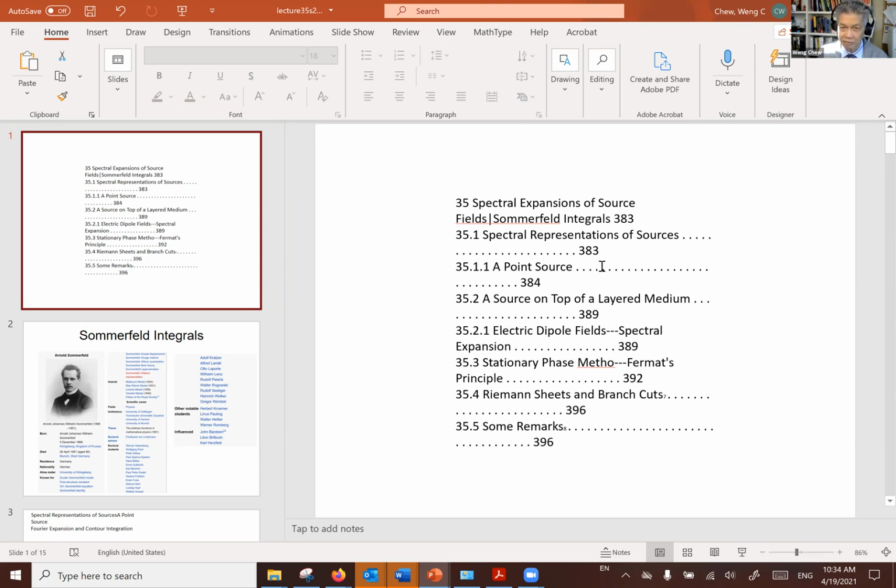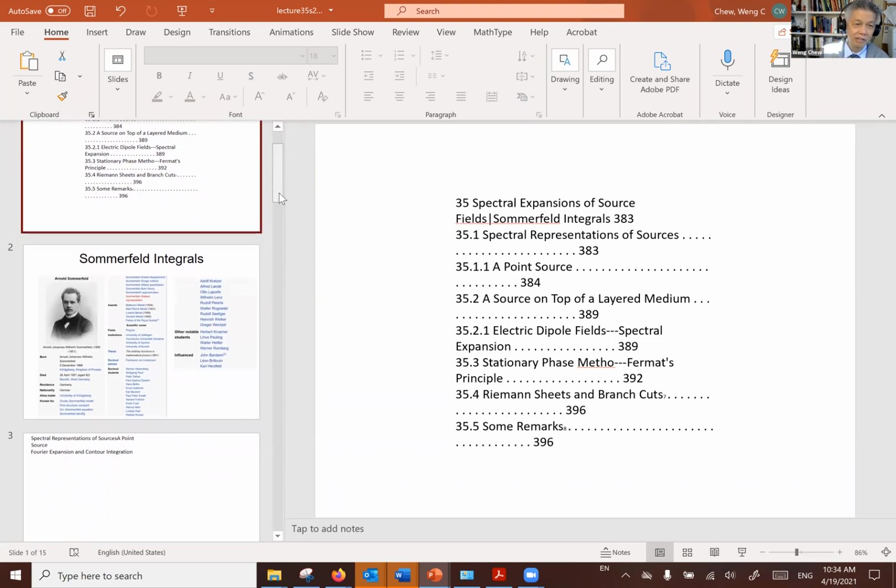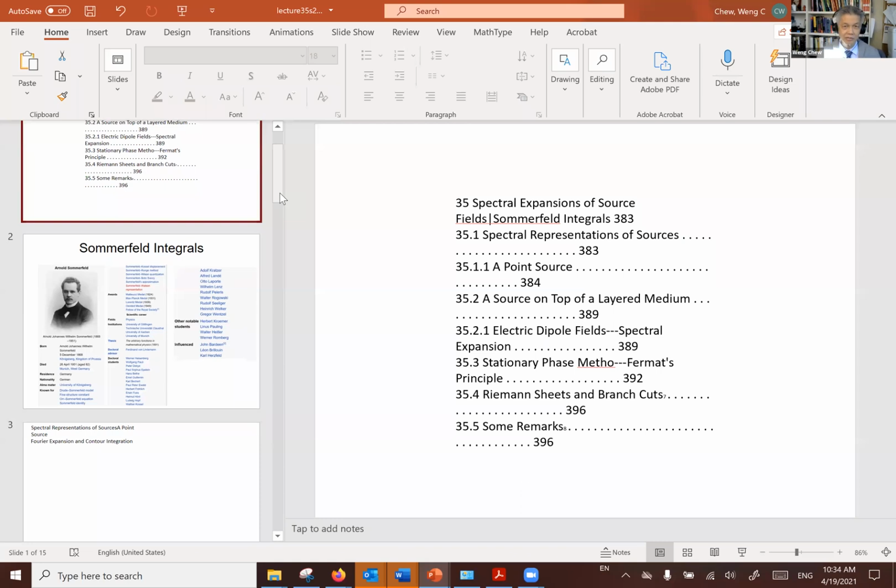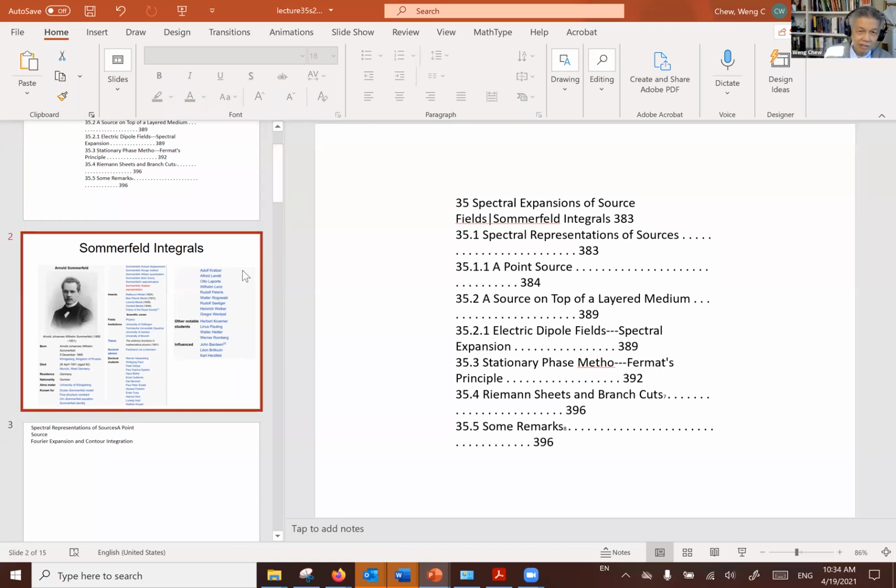So we will talk about spectral expansion of sources, point sources on top of a layered medium, and many other things. We are not able to complete everything here, but you will have a snippet of everything so that you can have a feeling as to what these things are.